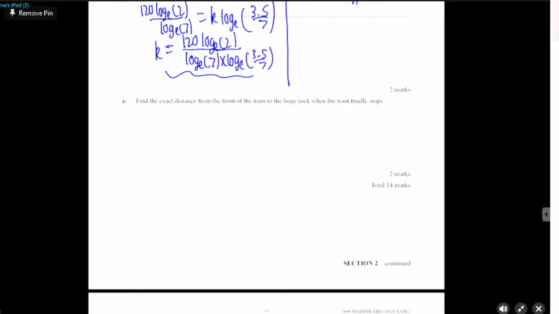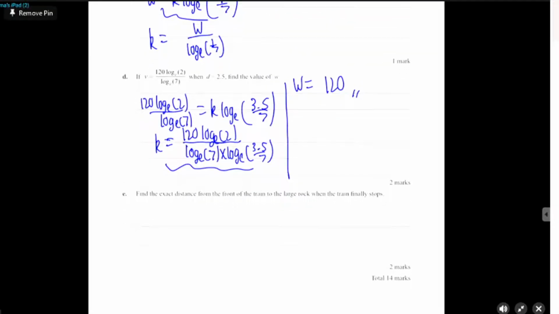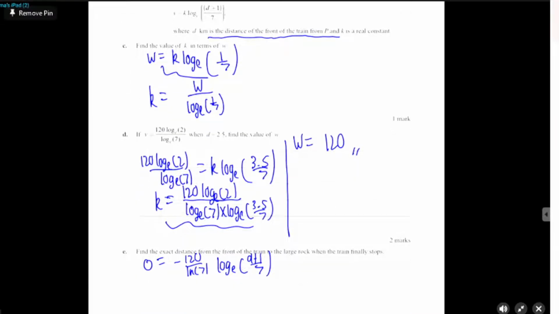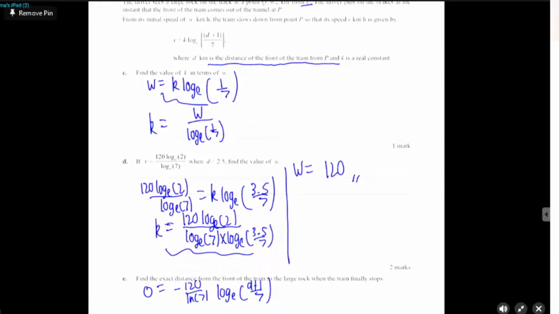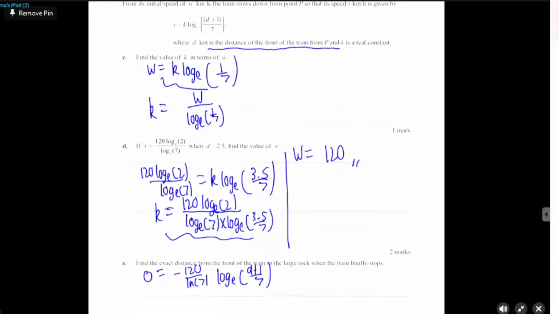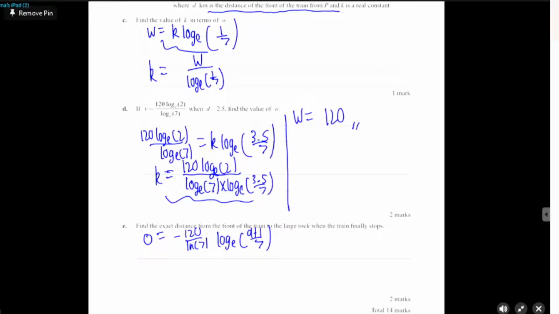And then for the exact distance, you're solving 0 equals negative 120 over ln 7 log E d plus 1 over 7, because you're using the velocity equation, and your K value you already found. You just solve for that, because your velocity when the train stops is going to be 0.